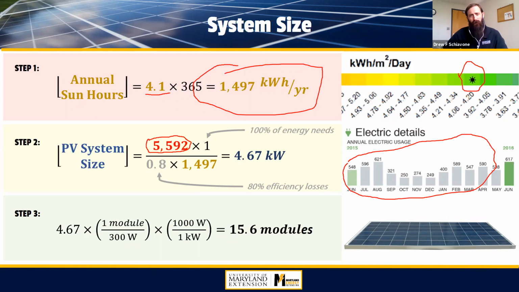On the bottom of the equation here, you're going to have where your sunlight hours comes into play. So in this case, the number I got above is 1,497. And there's an efficiency factor in there as well, the 0.8. 0.8 is coming from any efficiency losses that you have in the entire system. Now the panels, when you buy a module, those already have an efficiency rating on them.